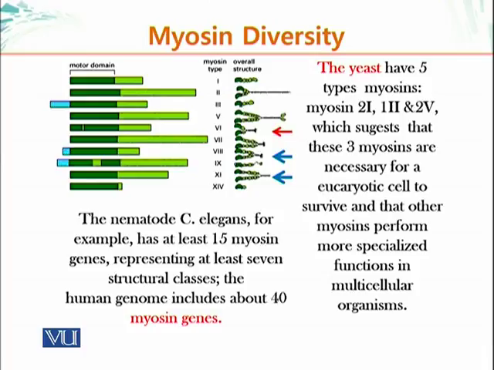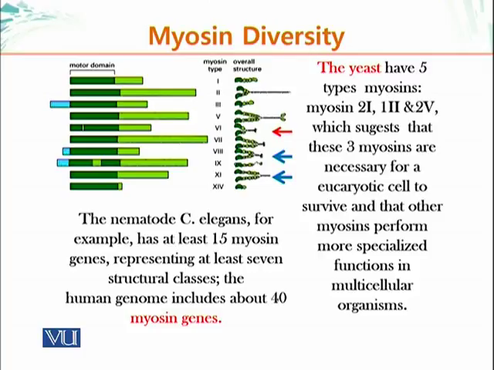All these myosins, except one, move towards the plus end of the actin filament. Although they do so at different speeds, there is only one exception to the rule, and that is myosin 6, which moves towards the minus end of the actin filament. So this is the diversity.